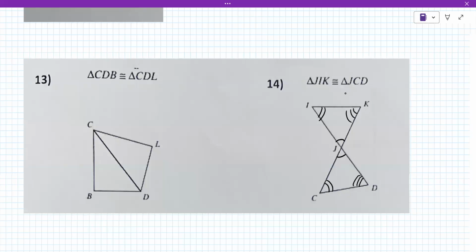But you also have to do the sides, and you want to follow that path. So it's J to I congruent to J to C, I to K, C to D, K back to J is D back to J, like that.